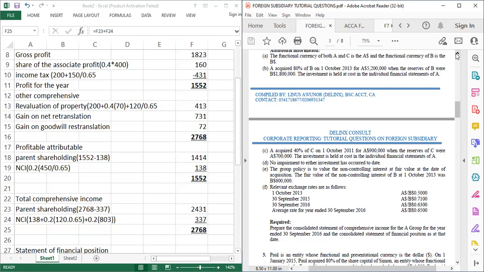Another way of doing it is that you can also do the workings for the group retained earnings, where you are going to send the impairment and the profit for the year. You subtract the impairment from the share of the profit of the subsidiary. Then you translate the parent's share of the subsidiary profit using closing rates. Then you come and take the parent investment.